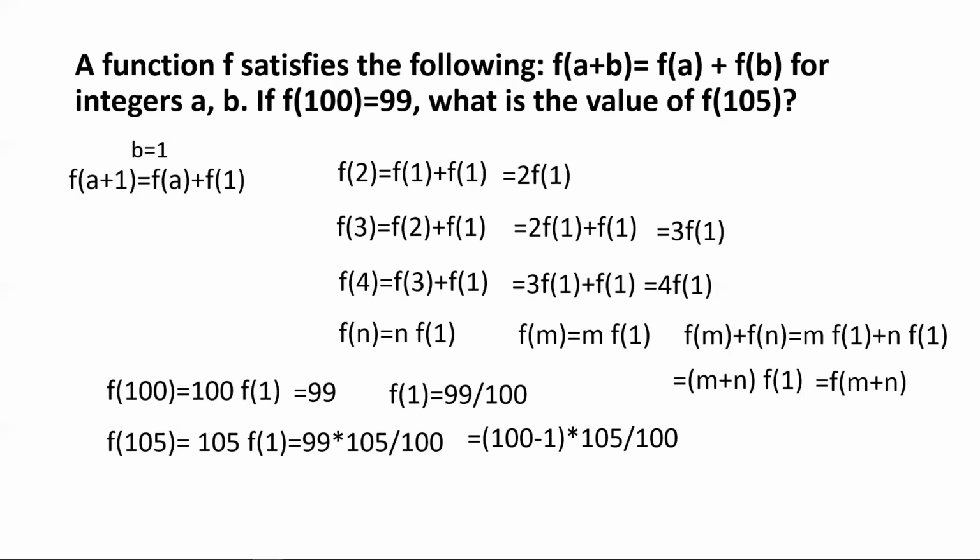And now this really becomes very simple. If you take the parentheses out, we are left with 105 minus 105 by 100. And 105 by 100 is 1.05, right? So you have 105 minus 1.05, and that comes to 103.95. So the correct answer for f(105) will be 103.95.